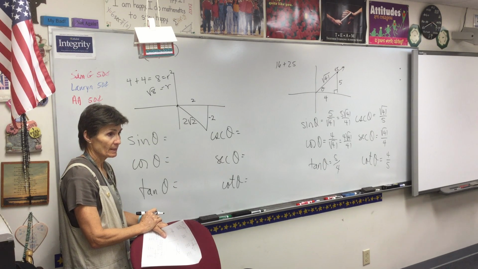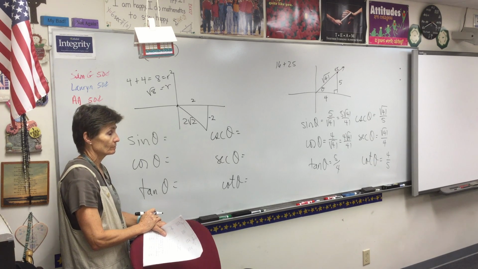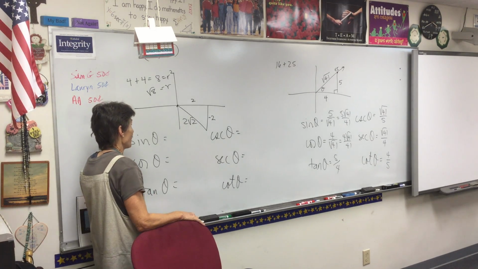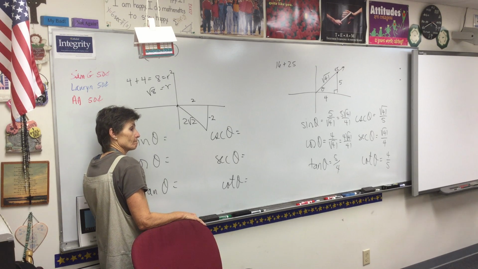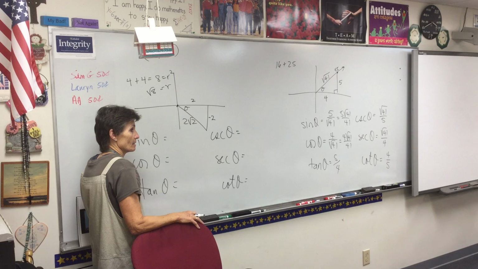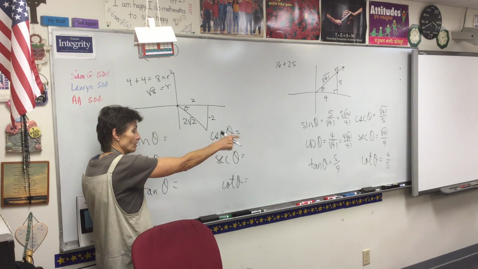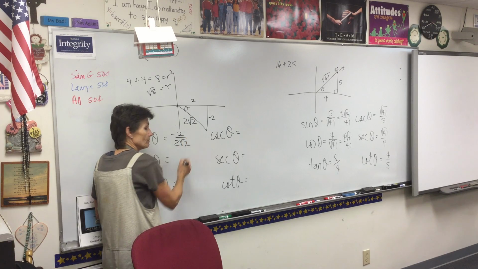Is that all right with everybody? So here we go. What's our sine? Here's theta. Our sine is opposite over hypotenuse. So -2 over 2 root 2.